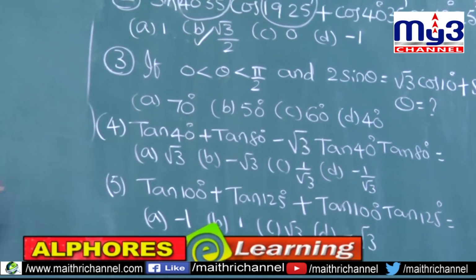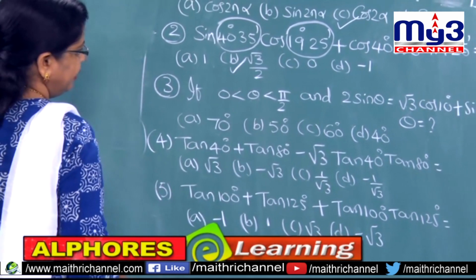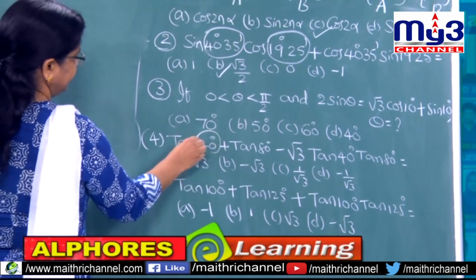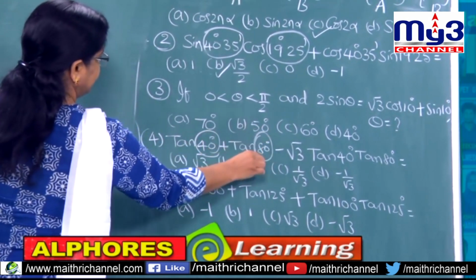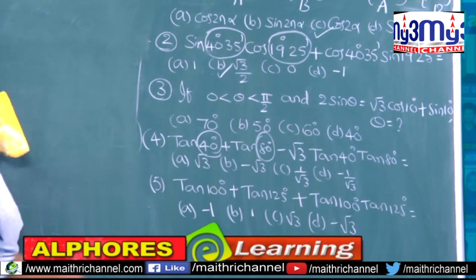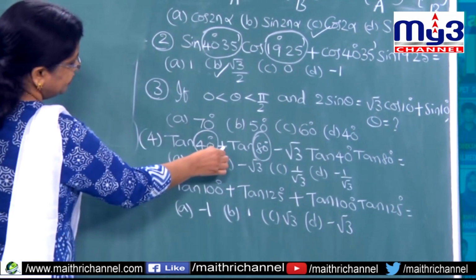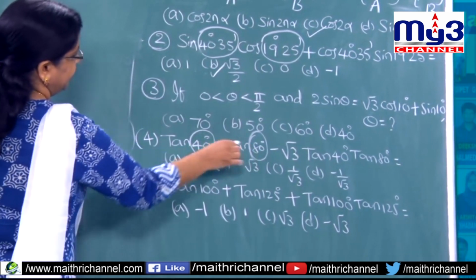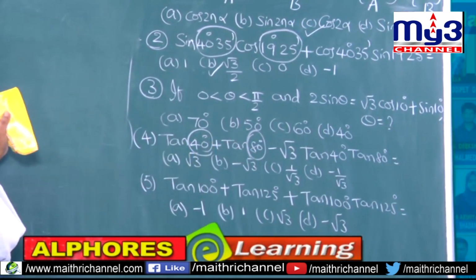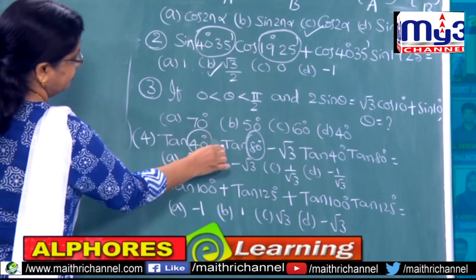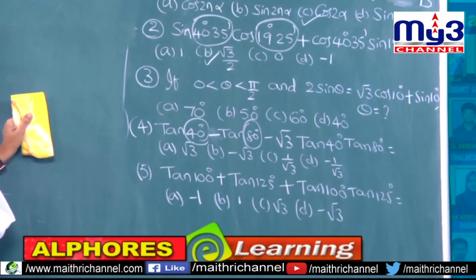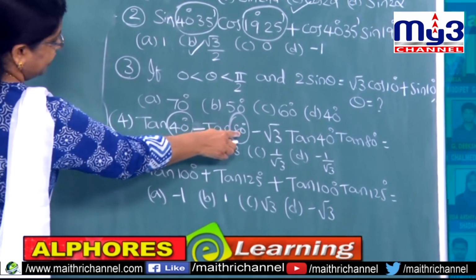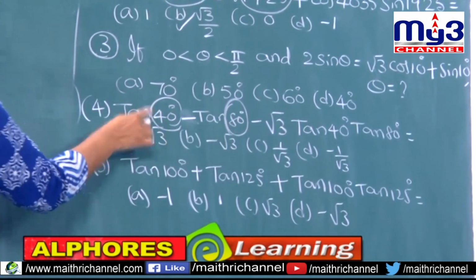Now you have to use here, they used only two values, one is 40 degrees and the other one is 80 degrees. Whenever in the problem a plus symbol is there in between these two, then start the problem by taking their sum, and if a minus symbol is there in between these two, then start the problem by taking their difference, 80 minus 40.